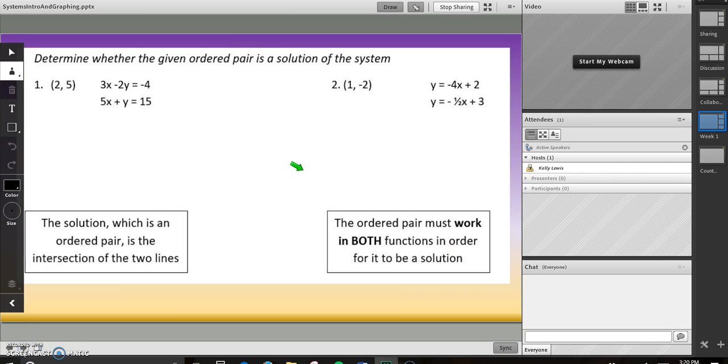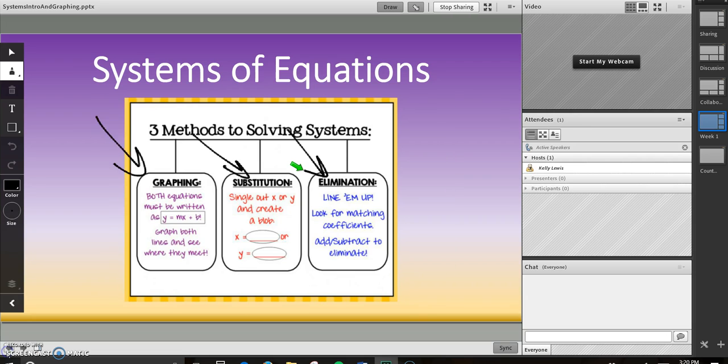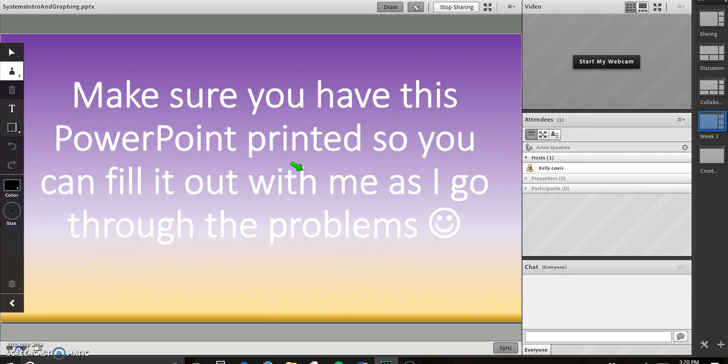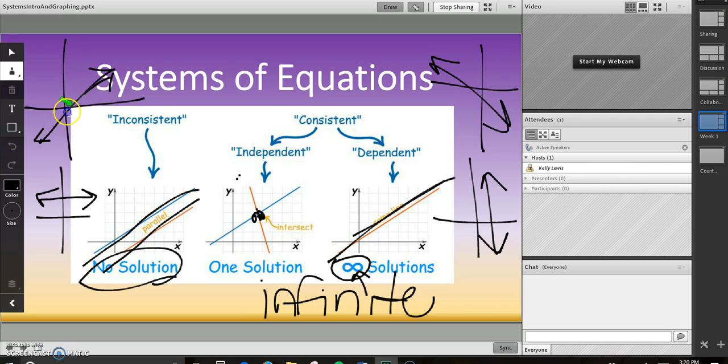Before, when you had a line, or even something like 2x plus 9 equals 21, and we solved it, you got x equals a single number as your answer.